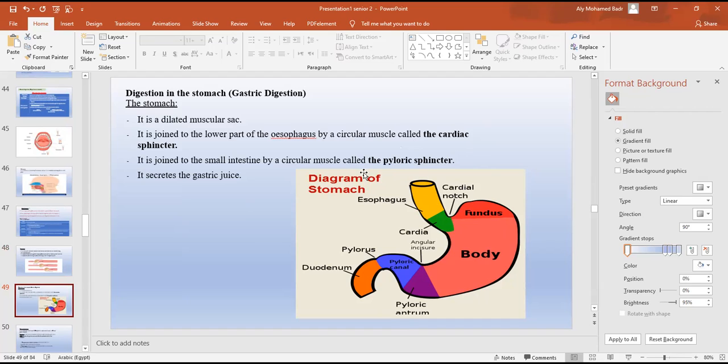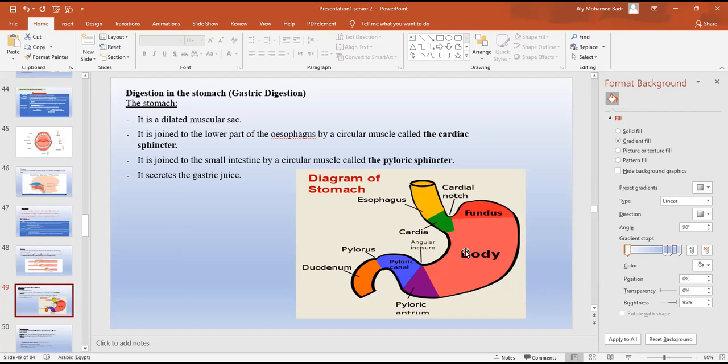This sphincter muscle joins the esophagus with the stomach, and another sphincter muscle joins the stomach with the small intestine. Okay, what happens back inside our stomach?